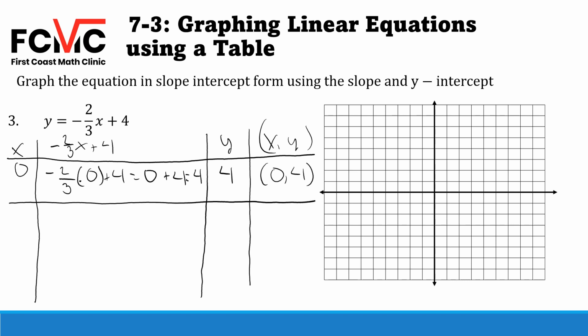And then what would another good choice be for x? Right now, if I chose 2, like in the previous example, think about what would happen. I would have negative 2/3 times 2, and I'll put the plus 4 in here, which would give me negative 4/3 plus 4.